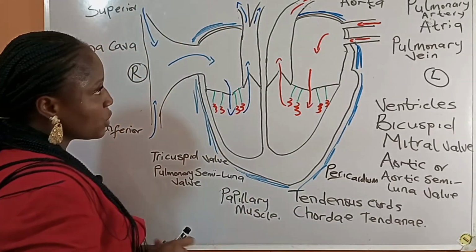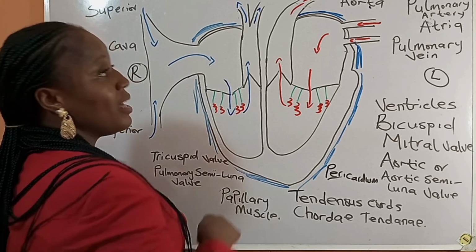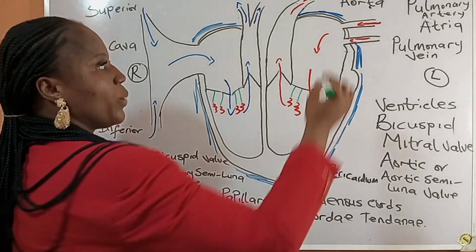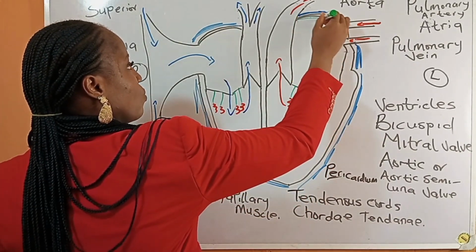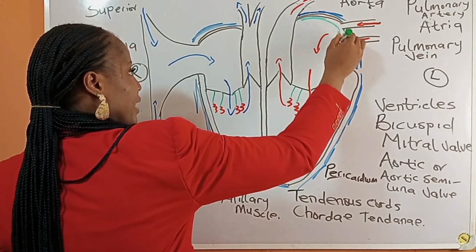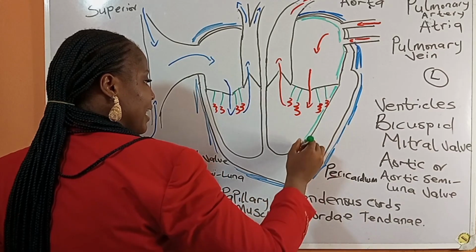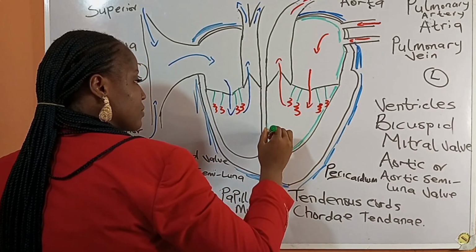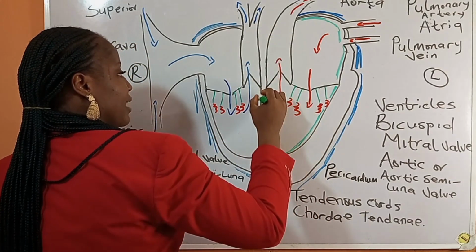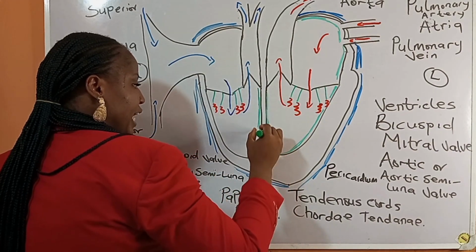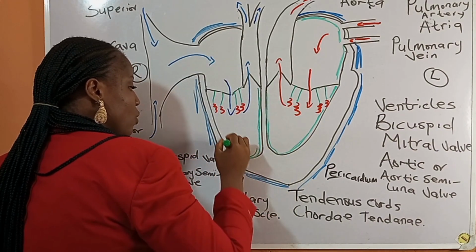In the same manner, we have a thin layer of muscle which also lines the inner wall of the heart, in order to ensure smooth flow of blood.